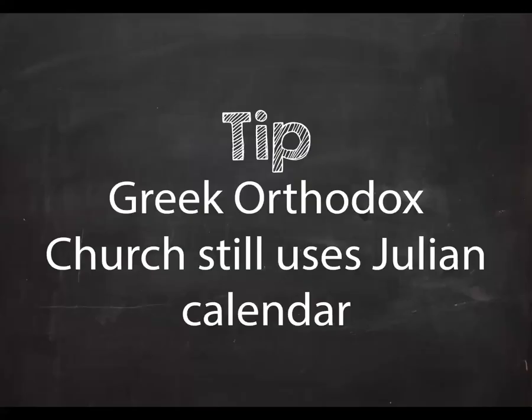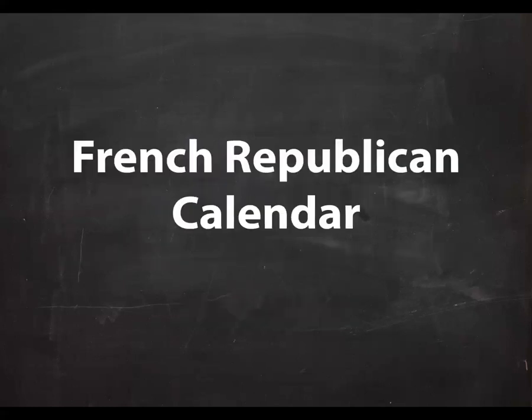However, if you are researching in the Greek Orthodox Church records, they are still using the Julian calendar. So by the American Revolution, most of the places where we are researching a lot of our ancestors, we have come to the Gregorian calendar.